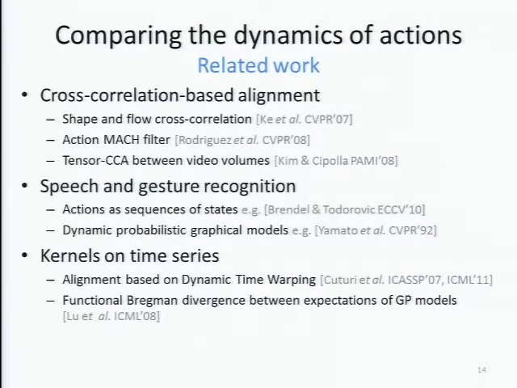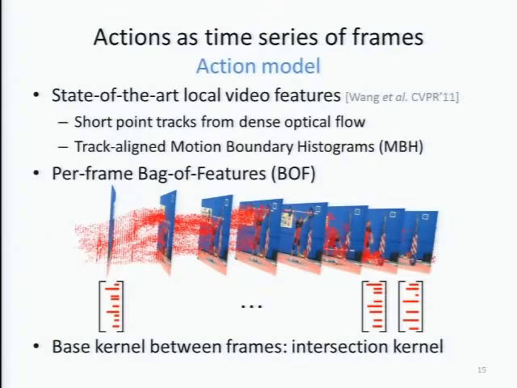Modeling actions as time series is also quite well known in speech and gesture recognition. But there, in general, it's more like dynamic probabilistic models, like hidden Markov models. So we're differing from that. And we're also differing from kernels on time series, which, for instance, are based on dynamic time warping. They compute alignments. We compare dynamics and don't compare alignments.